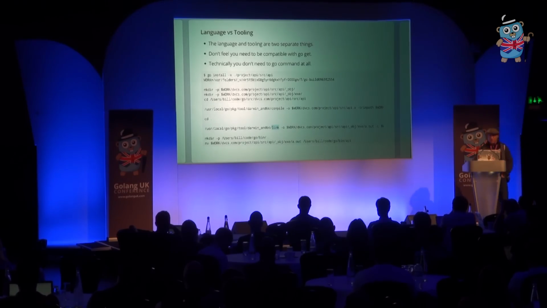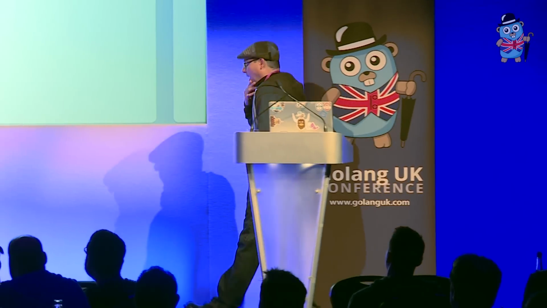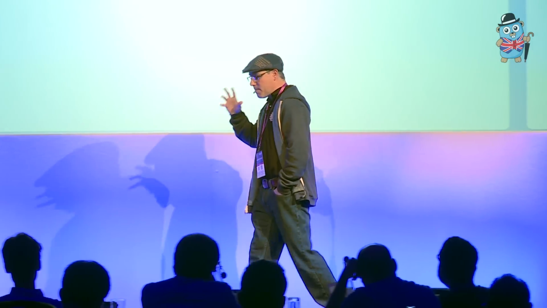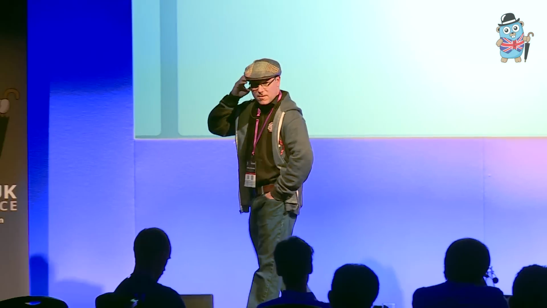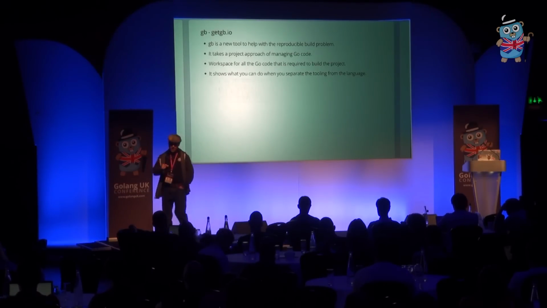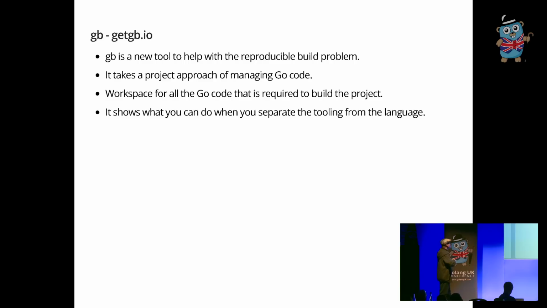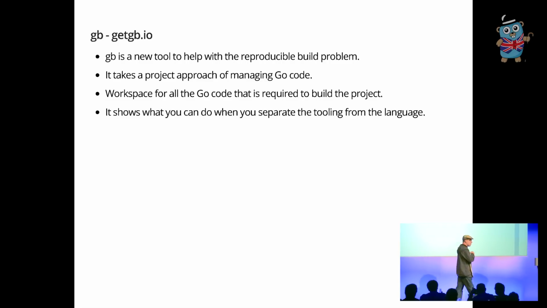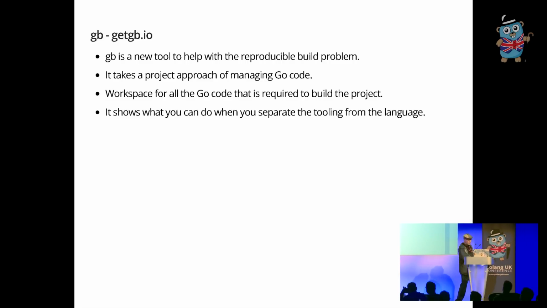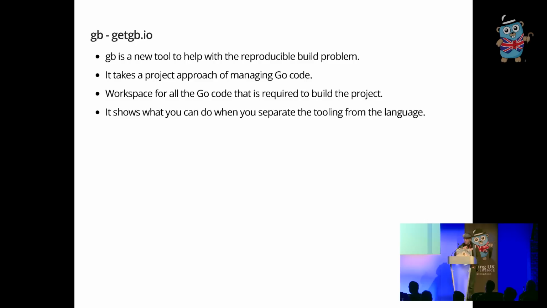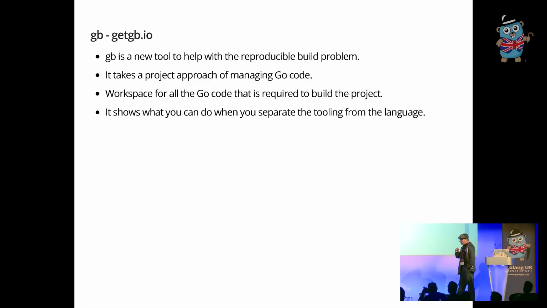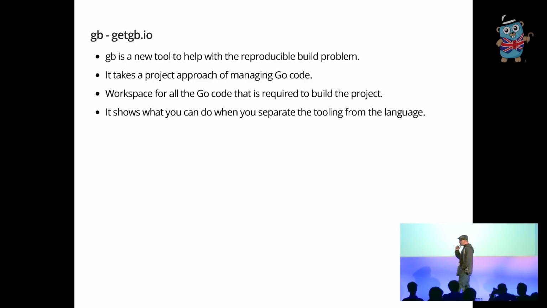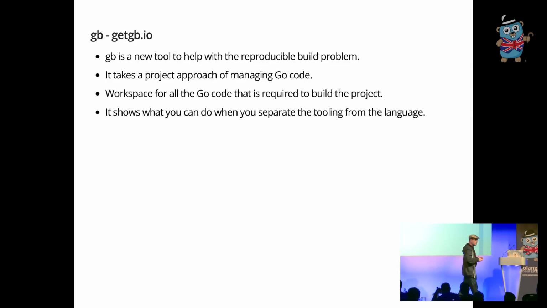And when you can come to that realization, I think you can really open up your mind to some new solutions that will work. And this is where GB comes in. GB is a new tool, and it's helping with this reproducible build problem. It takes this approach that you're producing a binary, and all of the code for that binary should be packaged together as a project.